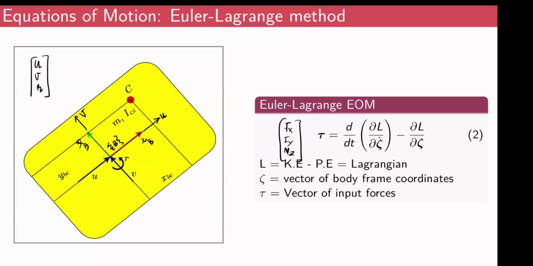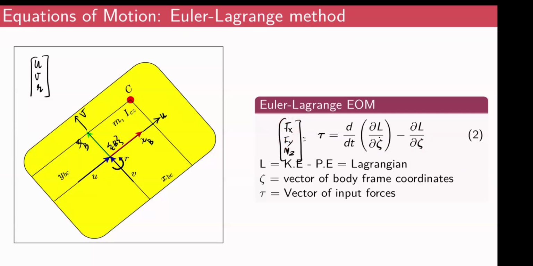which is the force along the XB axis, that is Fx, and Fy is the force along the YB axis, and Mz is the net moment about the ZB axis. So this is basically a vector equation, right? Because theta is a vector, theta dot is a vector. So you will have to expand this equation 3 times so that you will be able to get each of these components.